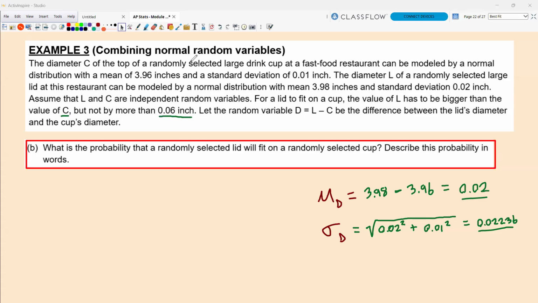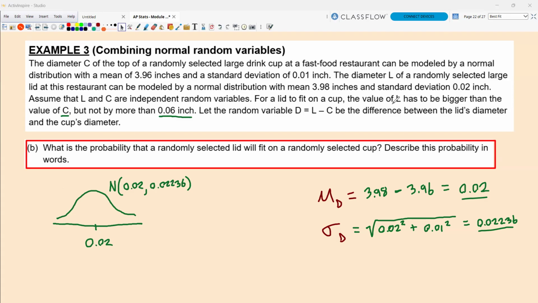In other words, let's draw out a normal distribution so we can define our boundaries. We'll make our normal curve. We'll do 0.02 as the mean, N(0.02, 0.02236). And let's think about what these boundaries would be in this case.